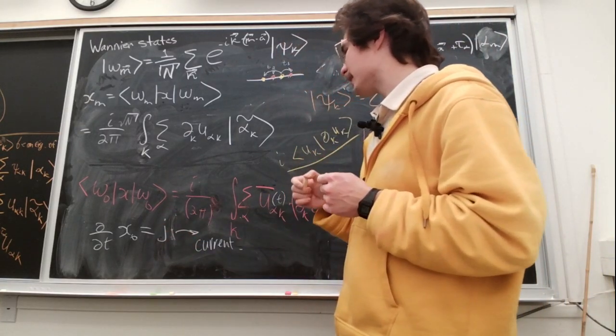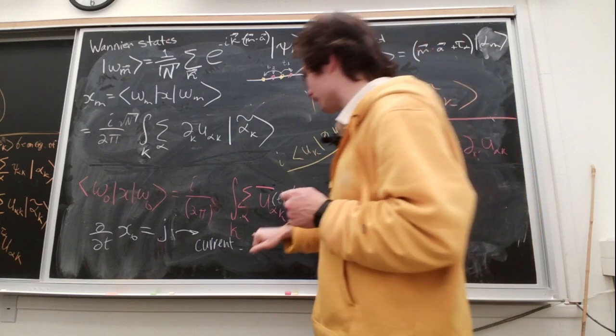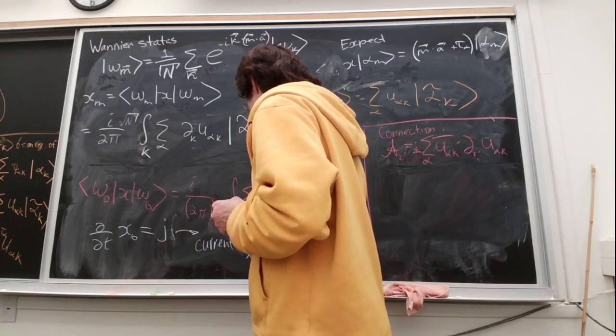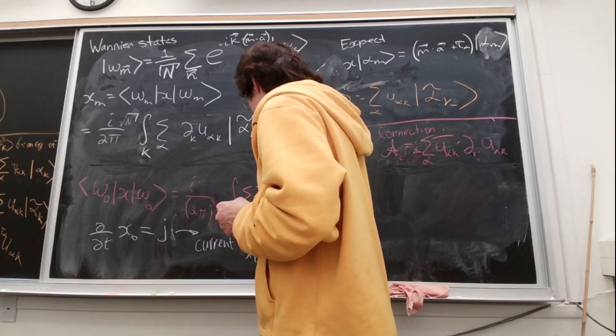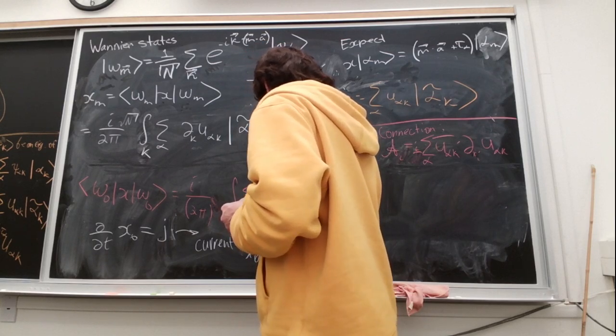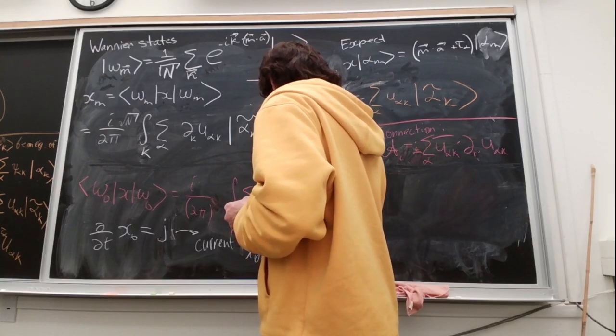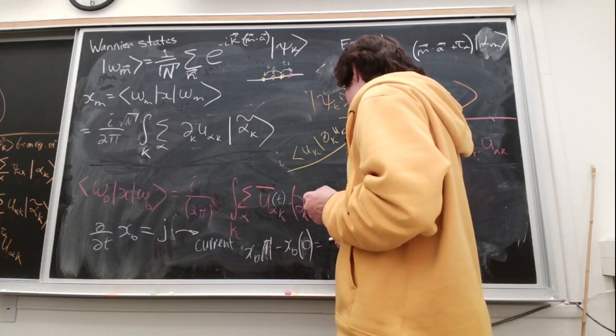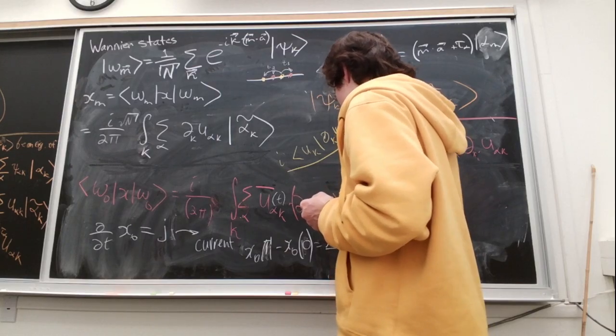The more interesting thing is that if you had this at some time 0, and then at some final time t, and subtracted it from the initial time, I think this is the change in polarization.